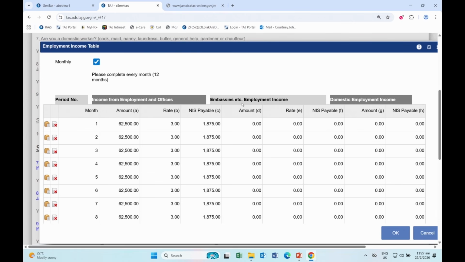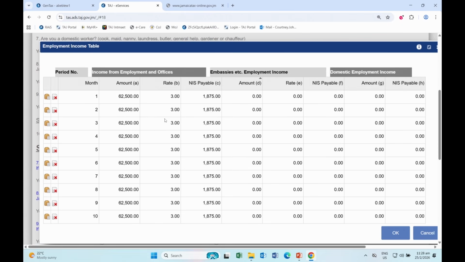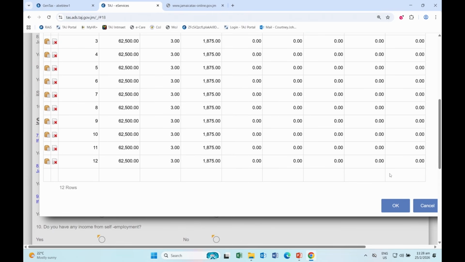So if Mr. Blue was employed to the embassy, he would have entered his information in this column. I hope you can see my mouse circulating this. And the rate would be in this column along with the NIS payable. Alright, so that's done. Now another thing, if you miscounted or missed numbers, it will tell you. So there are checks and balances on this one.